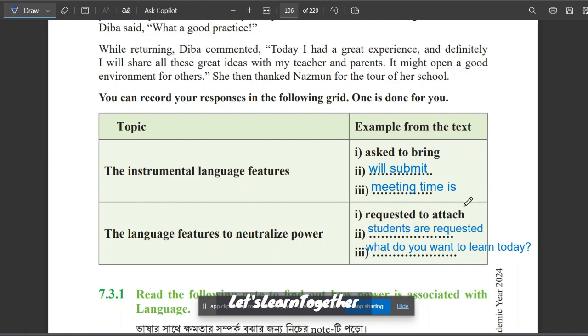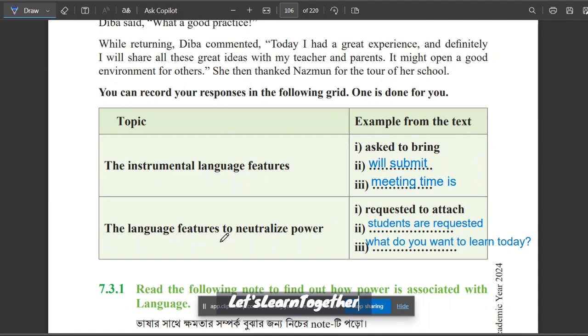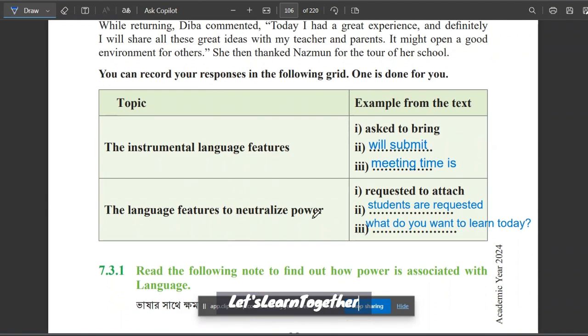So these phrases acted as the features of instrumental language, as they are basically telling or giving the students a certain command or order, whereas the language features to neutralize power are these, like requested to attach, students are requested, then what do you want to learn today. These are the features of neutralization of power. So you can pick this up.